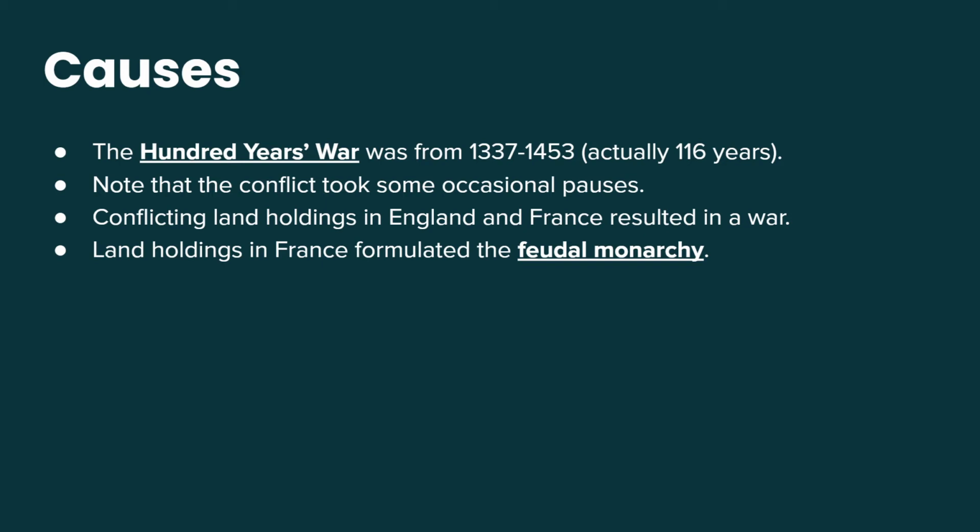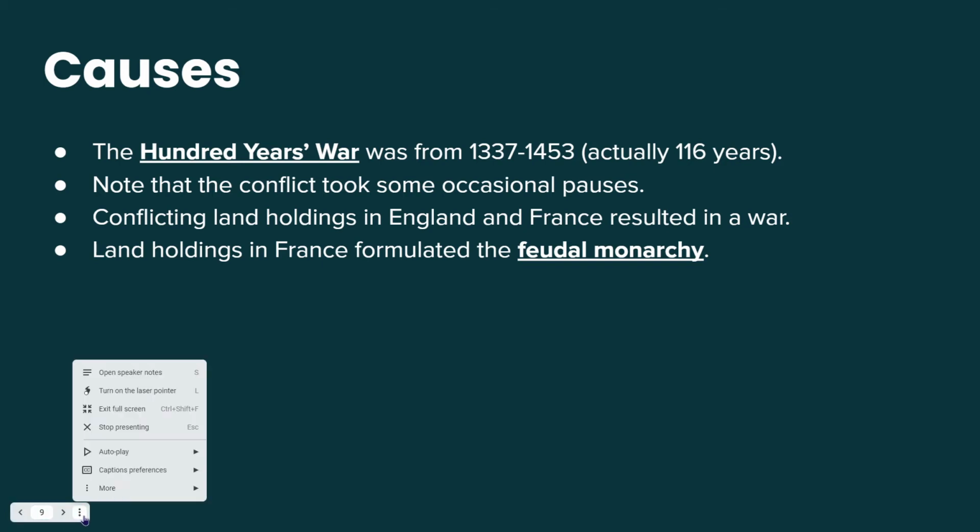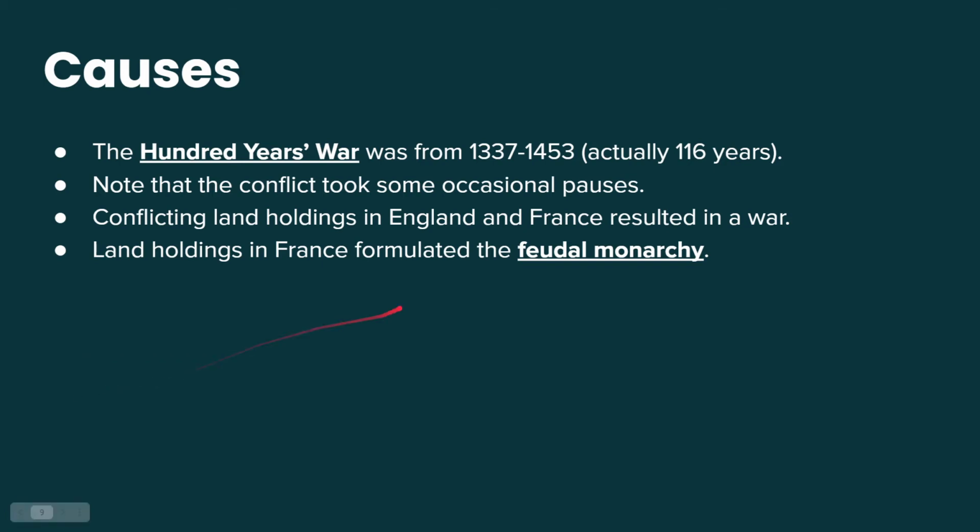I don't know exactly how it was, but I know it wasn't all that time. It was caused by conflicting land holdings in England and France. This resulted in the war, and it's a feudal monarchy that France had, which is having these land holdings.